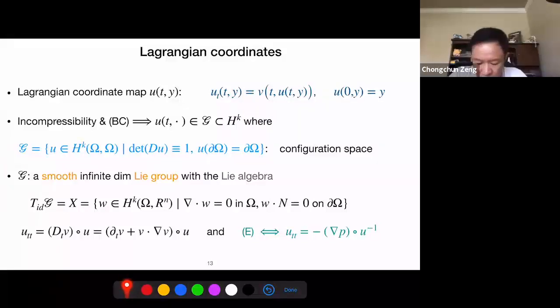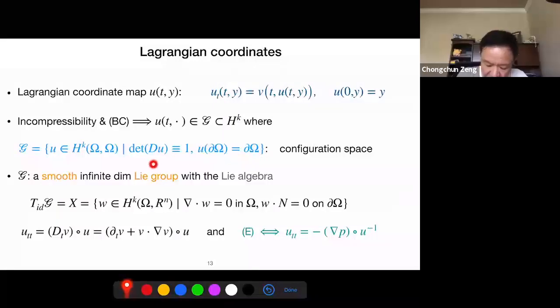So we started to introduce Lagrangian coordinates, and the main thing is that the Lagrangian flow map lives on a kind of infinite dimensional Lie group of volume preserving maps on the physical domain.